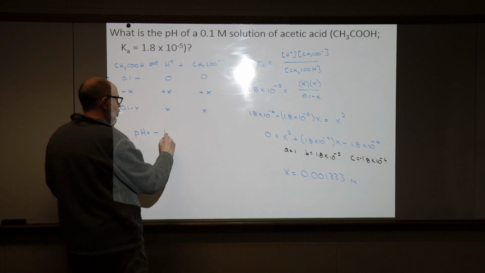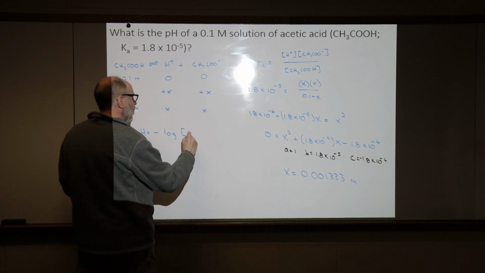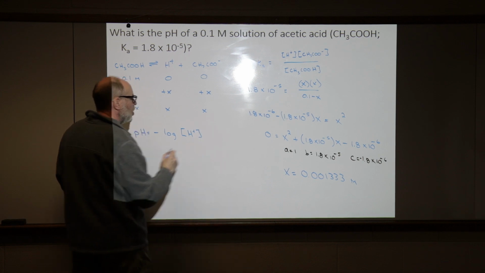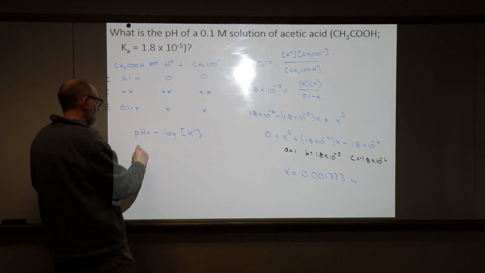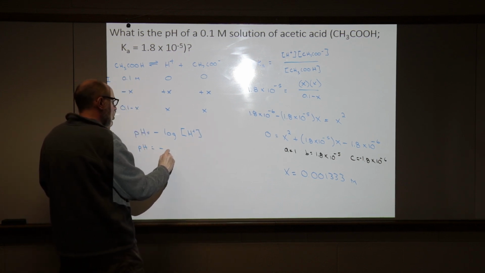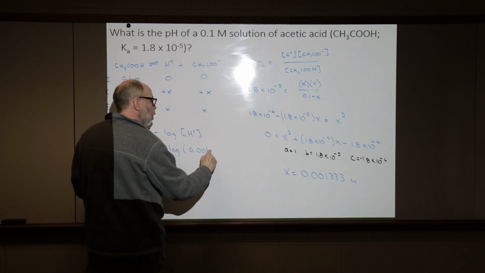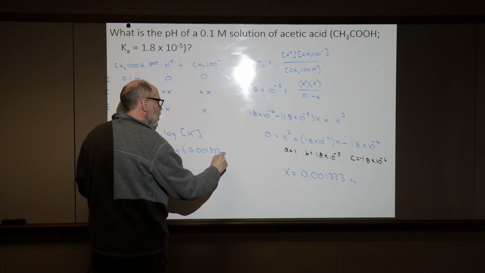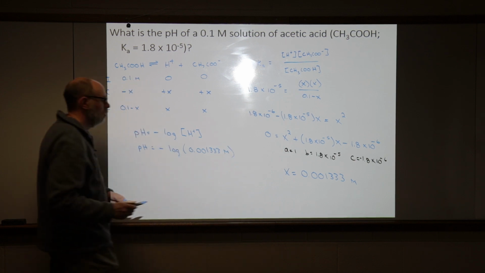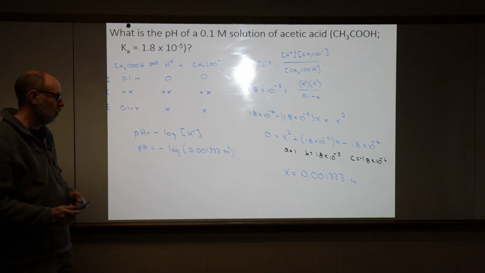pH is minus log of the concentration of H plus at equilibrium. pH is minus log of 0.001333 molar H plus.